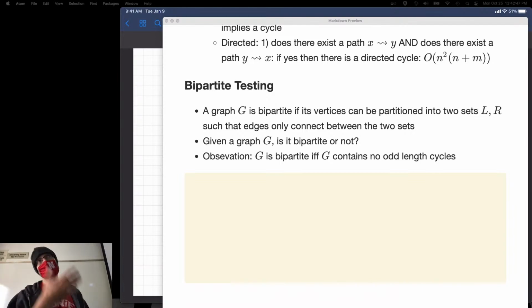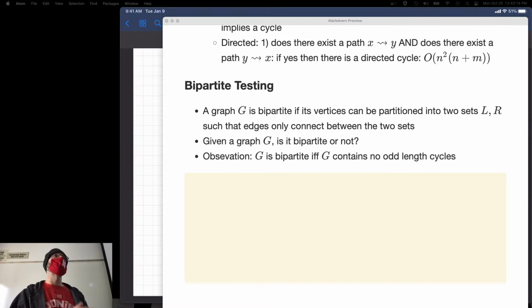In computer science, you can exploit it, and a lot of difficult algorithms become suddenly easy if you restrict your attention to acyclic graphs like trees, or bipartite graphs like we're talking about right here, or some other type of graph that has a structure that you make an observation about and that you can exploit. In this case, general graphs could have any cycle that you want, but in bipartite graphs, you have no odd length cycles.